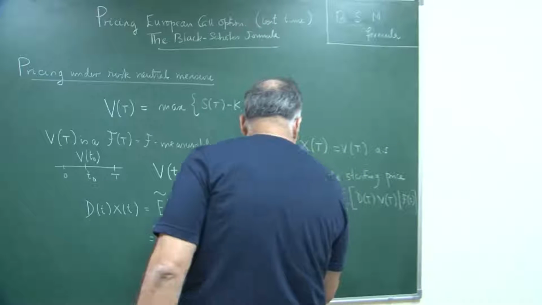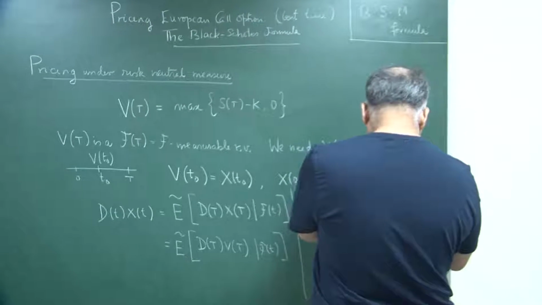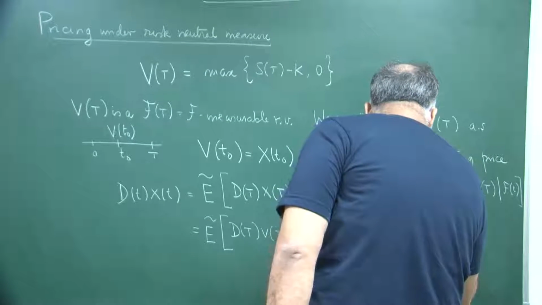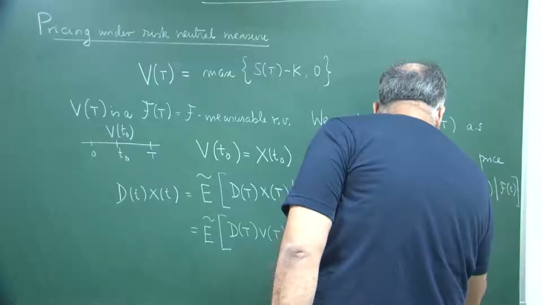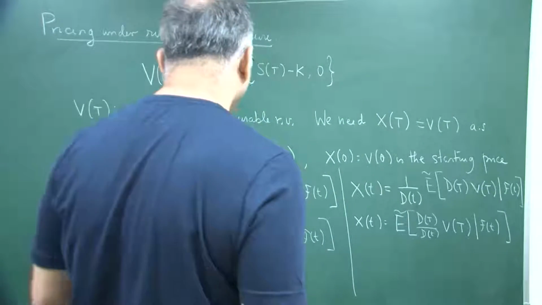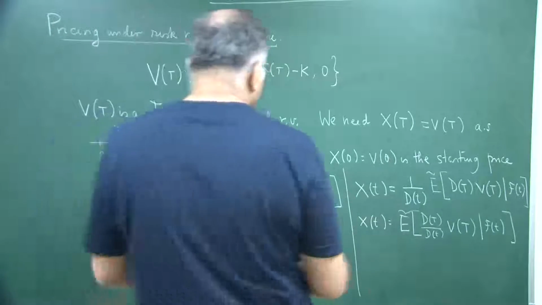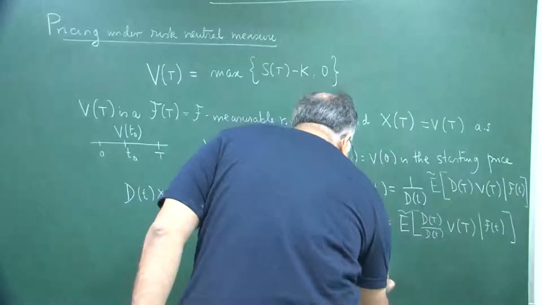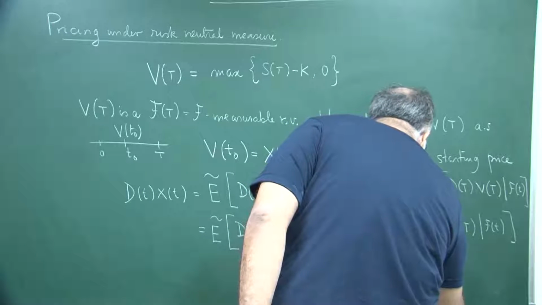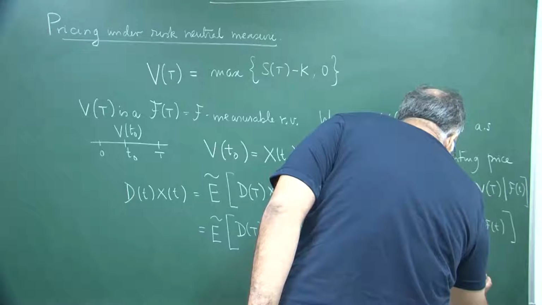So, this simply means X_t is equal to the expectation of exponential D of capital T by D of small t times V_T given F_t. But then we have also said that every such point that you take between 0 and capital T, X_t must be equal to V_t, the price must be equal to the worth of my replicating portfolio. So, V_t must be equal to E tilde of D_T by D_t V_T.